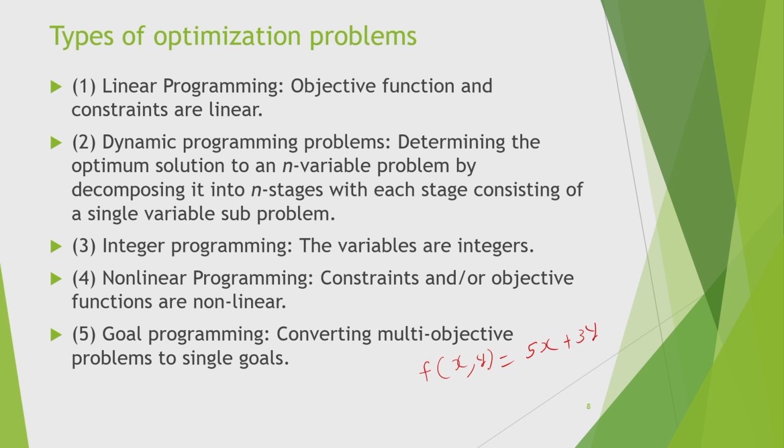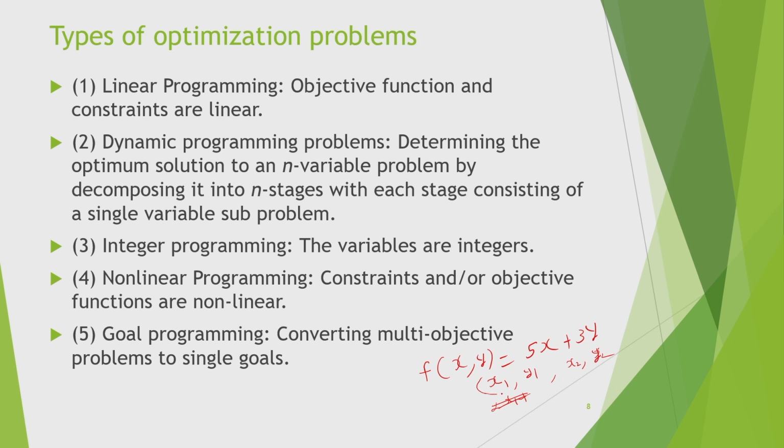Linear functions have some properties. Suppose (x1, y1) is a solution, and (x2, y2) is also a solution, then alpha times the first plus (1 minus alpha) times the second will also be a solution. That means we can have a linear combination of them.